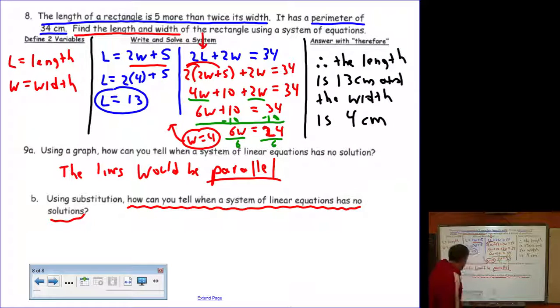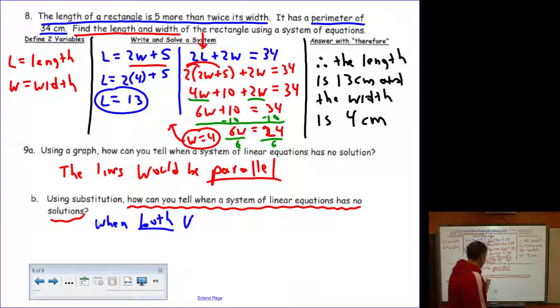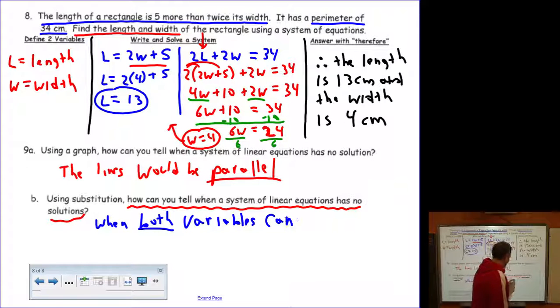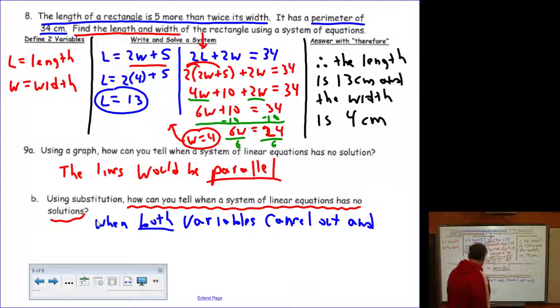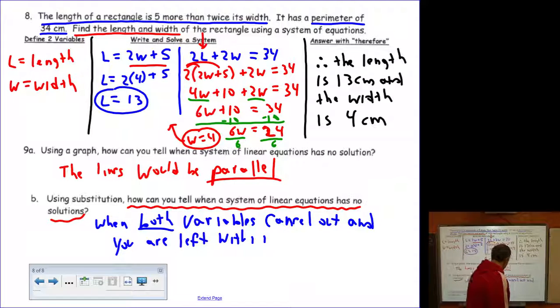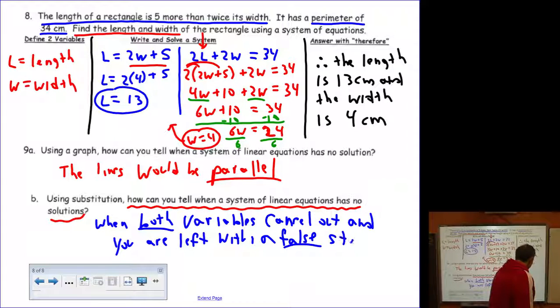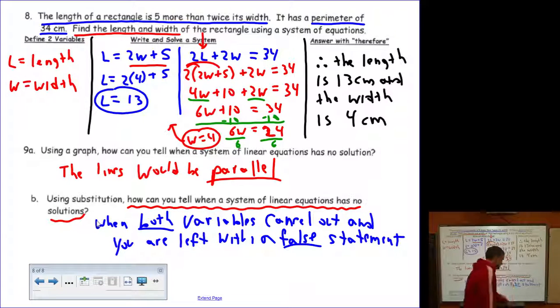So, that is what I would say: when both variables cancel out and you are left with a false statement. All right, good luck.